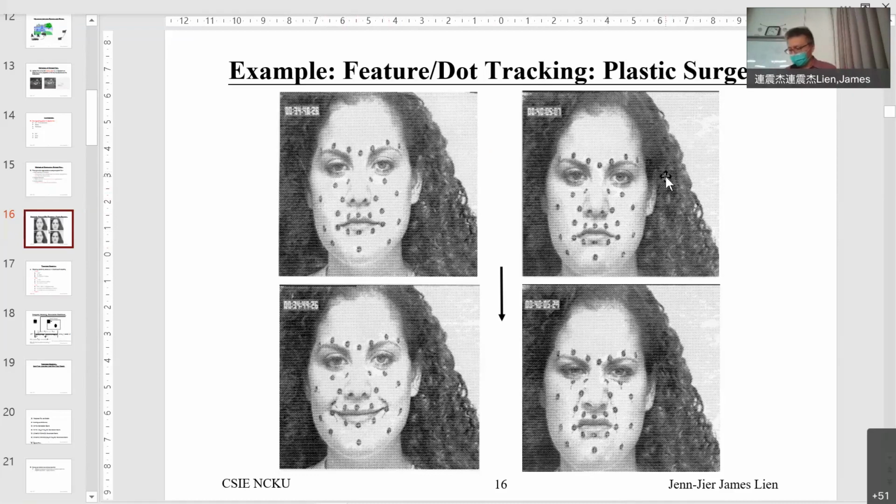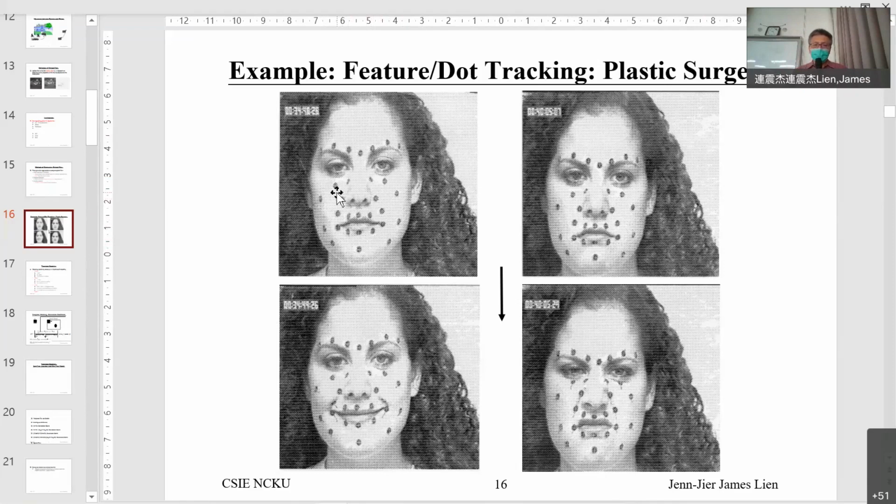In the beginning, we worked with the doctor at the University of Pittsburgh Medical Center, UPMC, in plastic surgery. He tried to measure the nerve before his surgery and after his surgery, what's the difference.